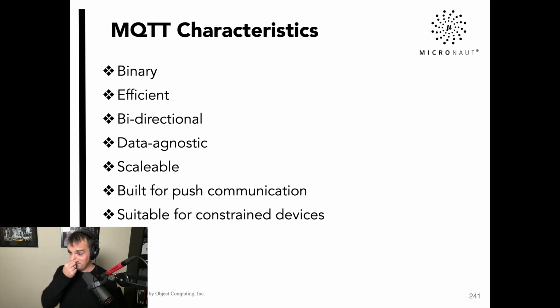What are the MQTT characteristics? MQTT is binary, efficient, bidirectional, and data agnostic. You can send anything. I'm going to be emulating a temperature sensor value, but you could send a JSON payload if you want. It's scalable, it's built for push communication, and it is suitable for constrained devices.